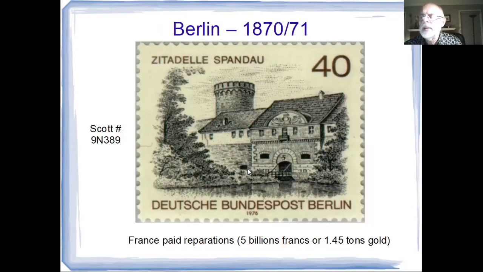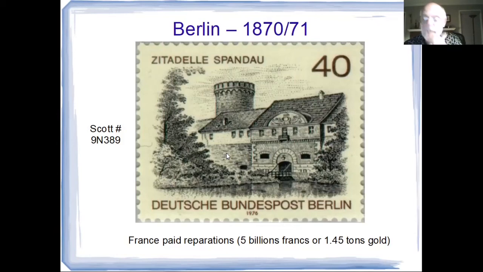Now, 1870, you mentioned the formation of the German Empire, the Second German Empire. And one thing to note there was that because Germany won the war, France had to pay reparations, and the reparations amounted to 5 billion francs, or 1.45 tons of gold, which was stored in this citadel, which goes back to the Middle Ages. It's in a suburb of Berlin. It was a town that's older than Berlin, but now it's part of Berlin.